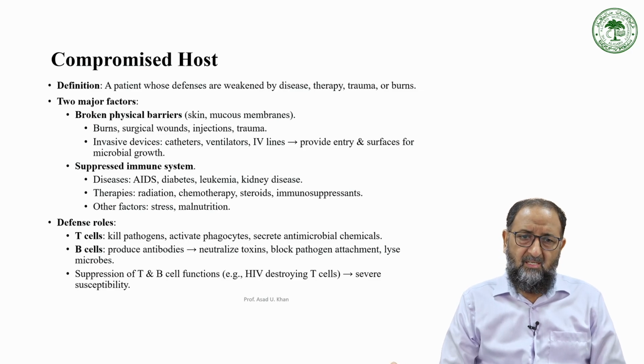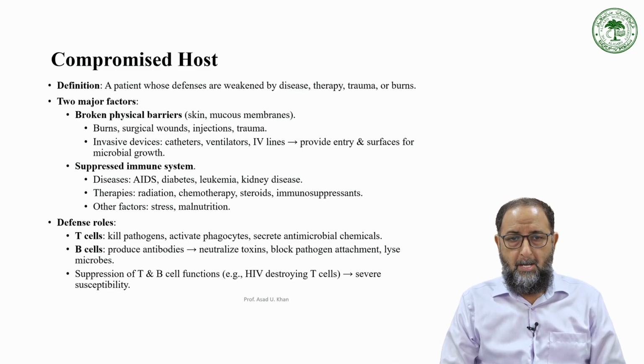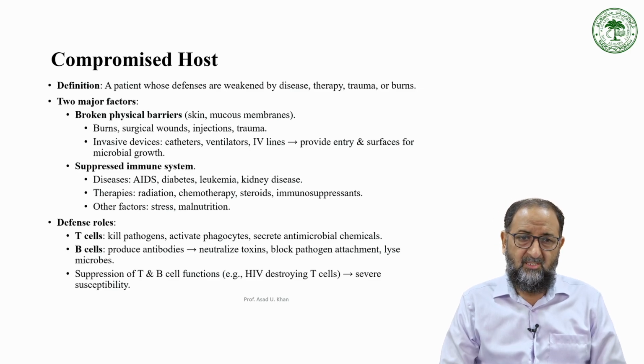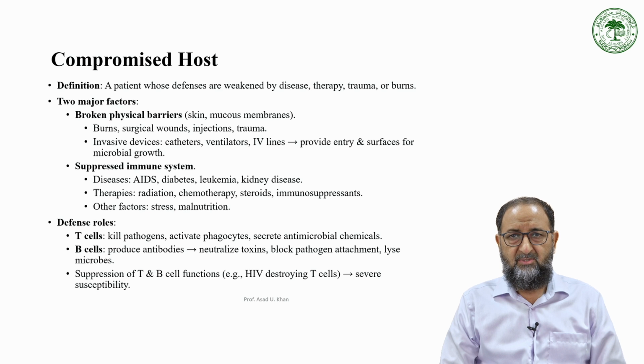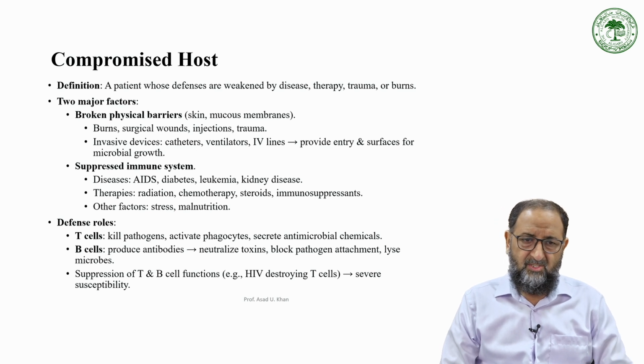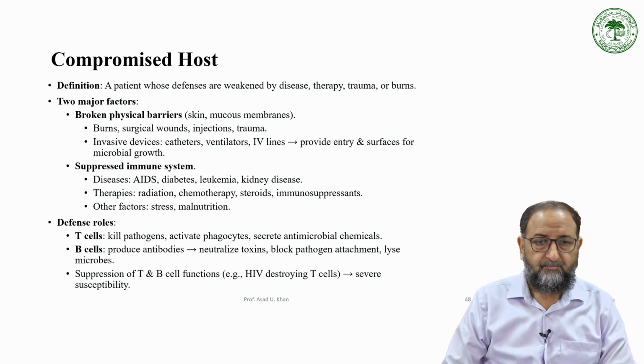B cells produce antibodies and neutralize toxins, block pathogen attachment, and lyse microbes. So these functions are carried out by B cells. So if the T and B cells are active, then the defense system is active and they can overcome such infection.